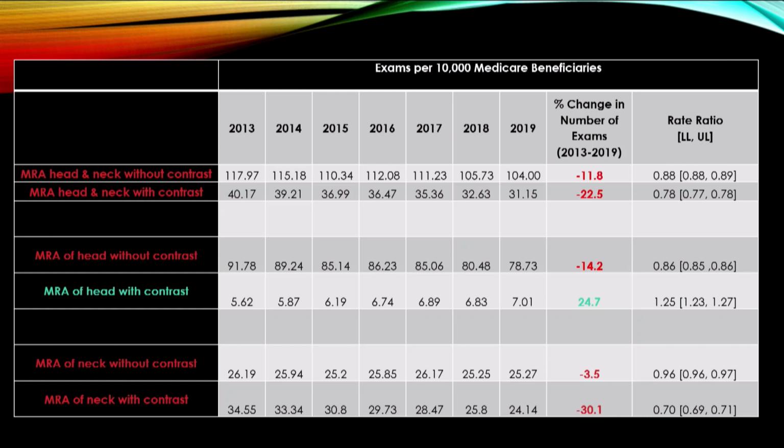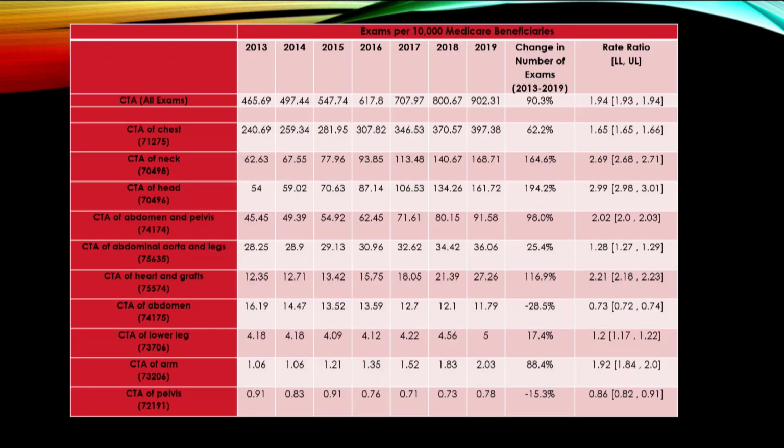They all saw decreases in use over the time period, except MRA of the head with contrast, which saw a close to 25% increase in use. But this is just a small piece of the MRA pie at 7 exams per 10,000 Medicare beneficiaries.